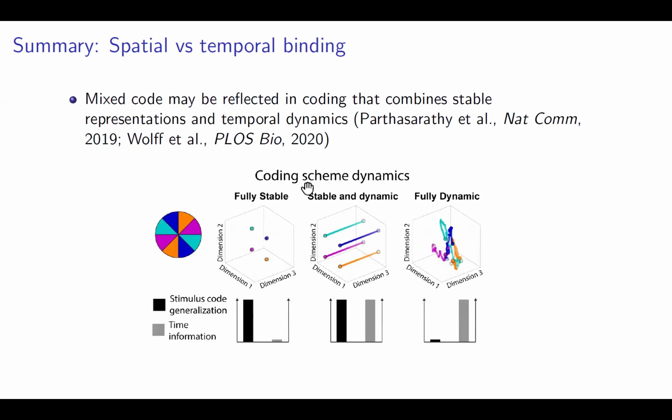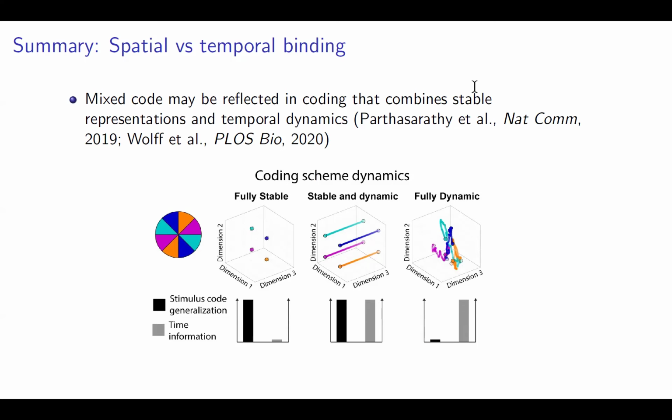And one thing that goes a bit in this direction is that there has been this discussion going on about dynamic memory representations, questioning this idea that you have really sustained activity, that some neurons representing memory features are just active for an extended period of time over the whole memory period.